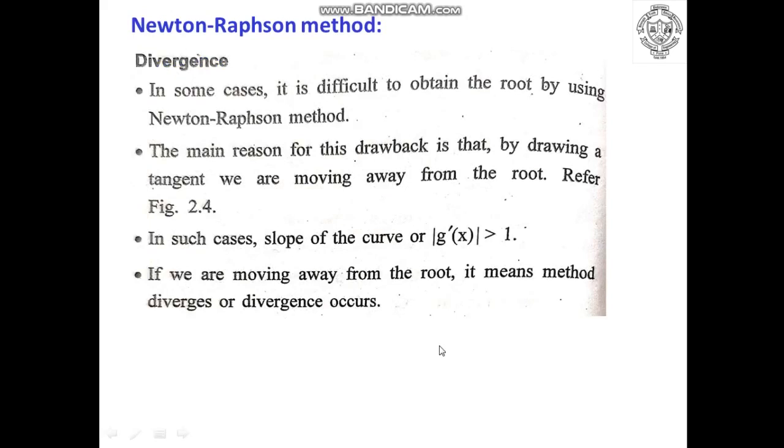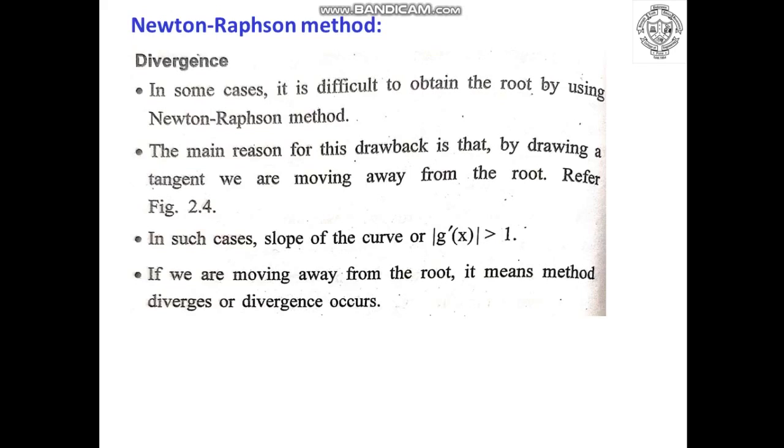Now what is divergence? The pitfalls of the Newton-Raphson method are described here. In some cases it is very difficult to obtain the root by using the Newton-Raphson method. The main reason for the drawback is that by drawing a tangent we are moving towards the root. I will explain it in the next figure, figure 2.4.